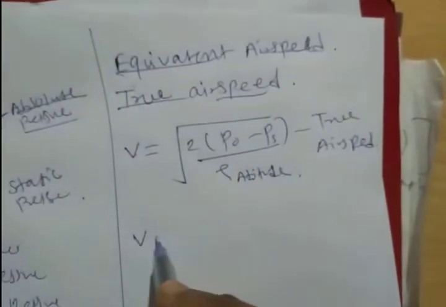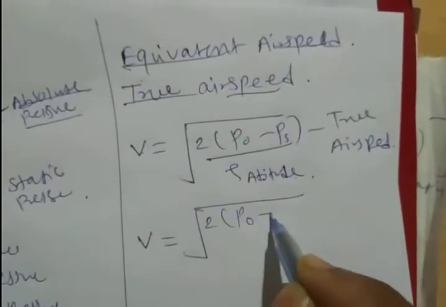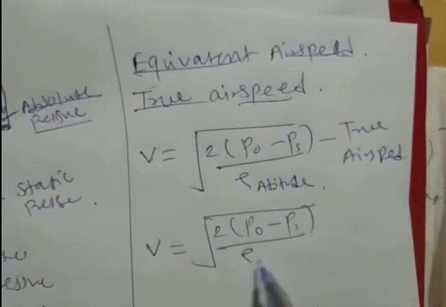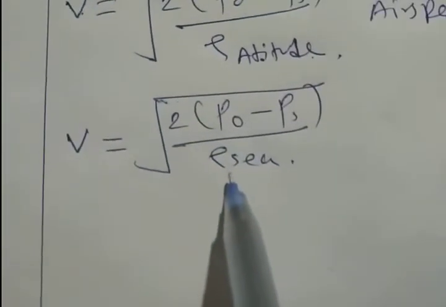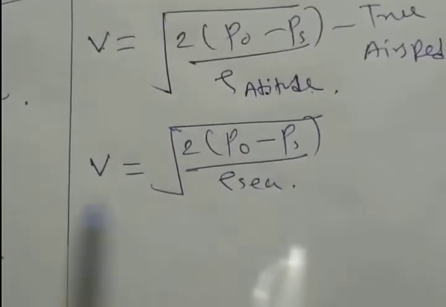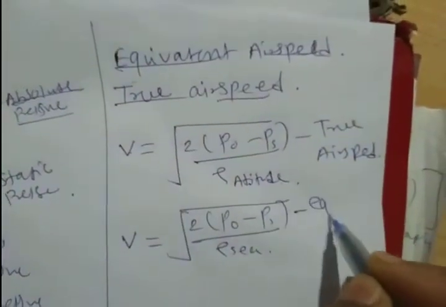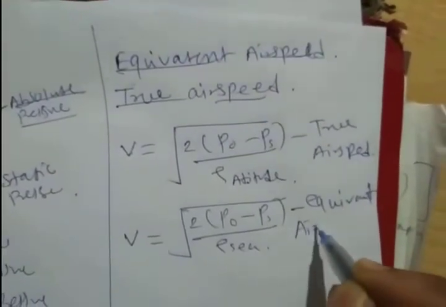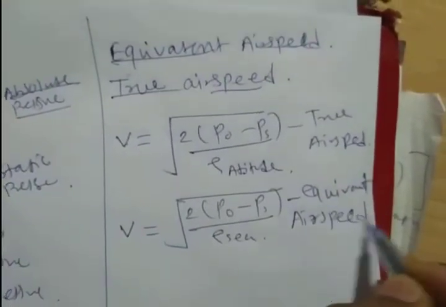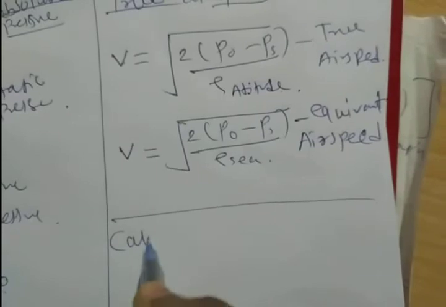Now if we calculate V equal to the square root of 2 (P naught minus PS) by rho at sea level, if we keep the density equal to the density at sea level, the value of V will be the equivalent airspeed. There is another term for airspeed, which is calibrated airspeed.